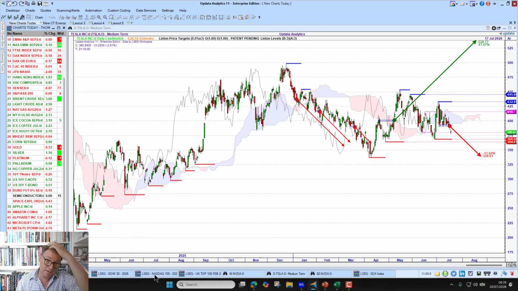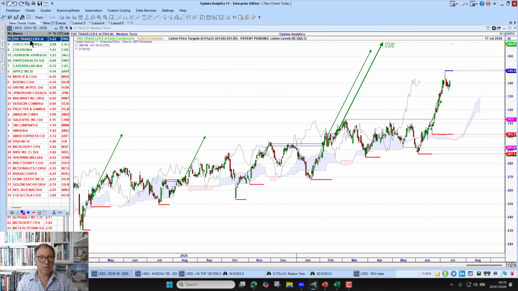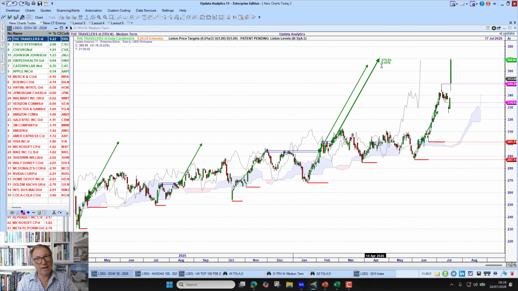So really significant there. Watching the Dow on Friday, you can see it was mostly negative. Travelers Group was the best performer. They had upside targets, and look at that upside target given back at 300 to 370, and a few months later, that's where we are. You cannot ignore the targets.